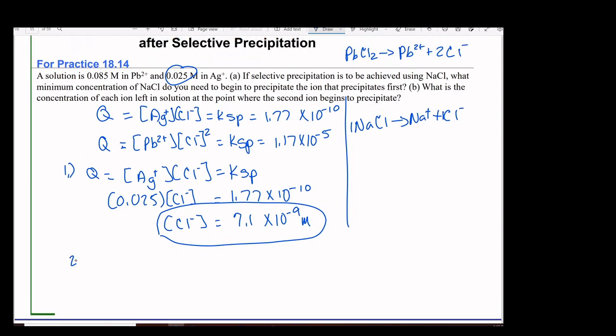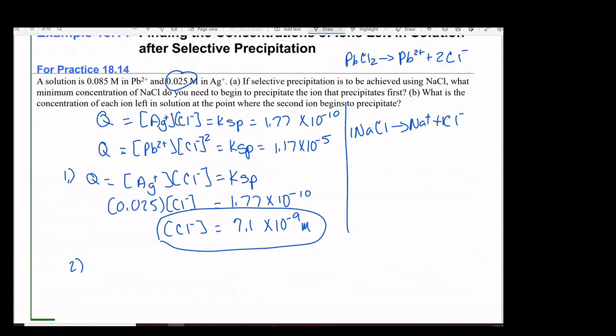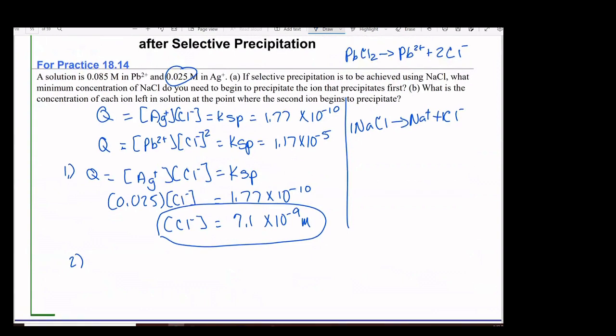Okay, so the second part of this problem is to figure out at which point the lead begins to precipitate. All right, so the lead is 0.085 molar. Okay, so our KSP is 1.17 times 10 to the minus 5th.